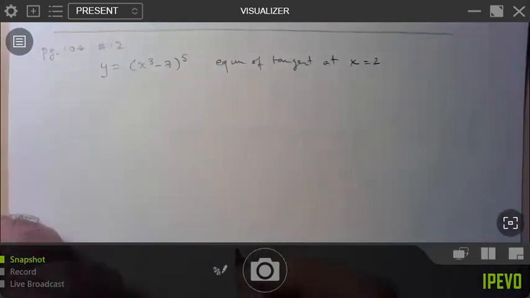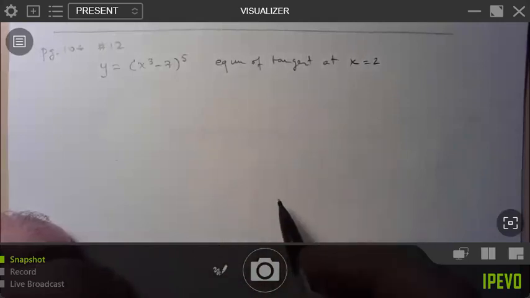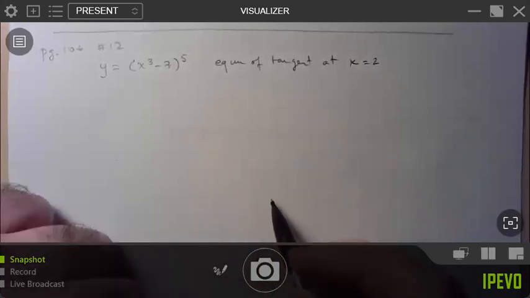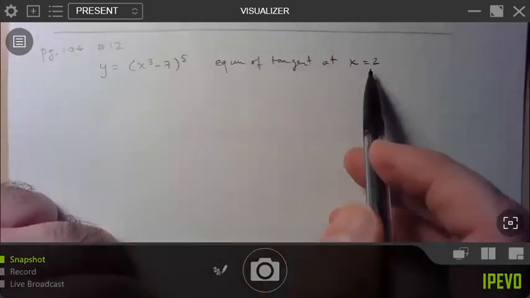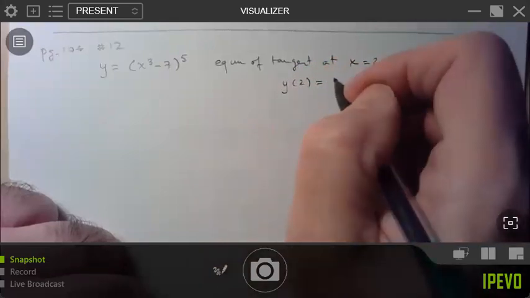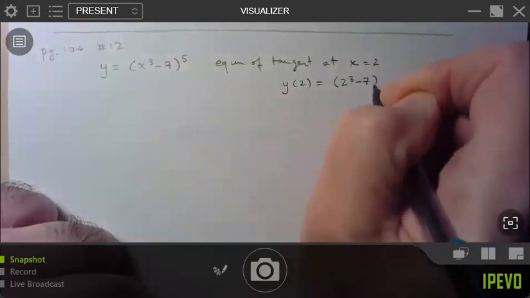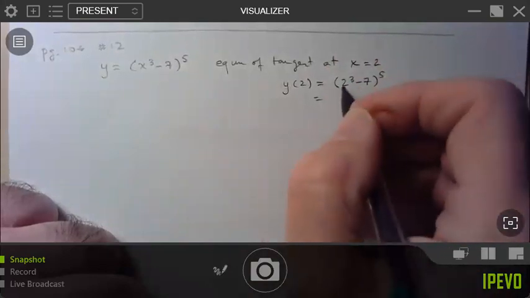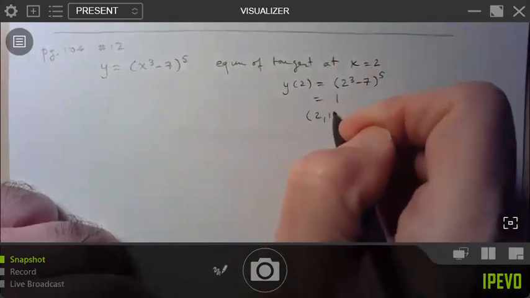As soon as I'm looking for the equation of a tangent, which is a line, I have to think I need two things. One of the things I need is going to be a point. So we know that the tangent and the curve share the point at 2. So let me find y at 2 right away. We have 2 cubed minus 7 to the 5, and 2 cubed is 8 minus 7 is 1. So there we go. So our point is 2, 1.